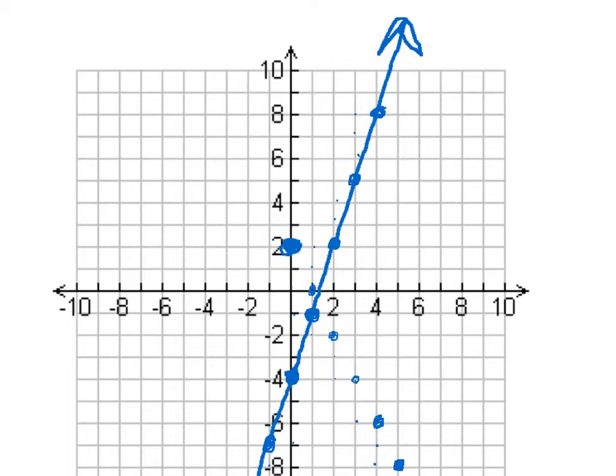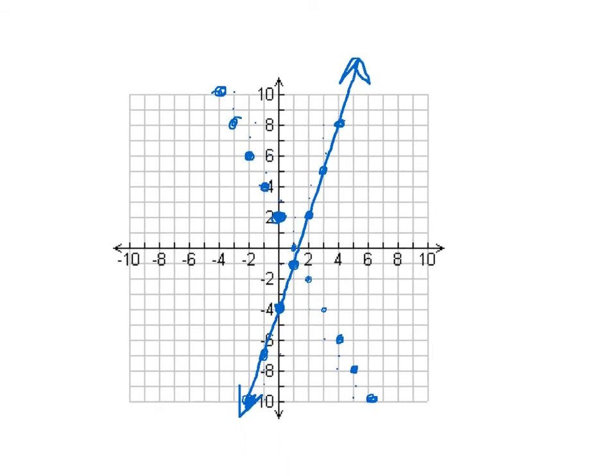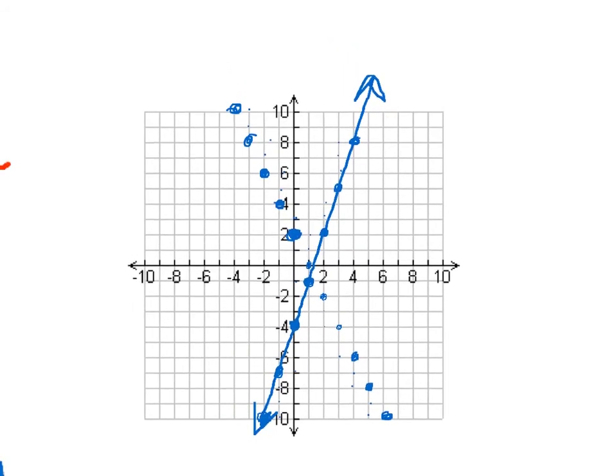Instead of down and right, I can go up 2 and to the left 1, up 2 and to the left 1. Then I graph this line.